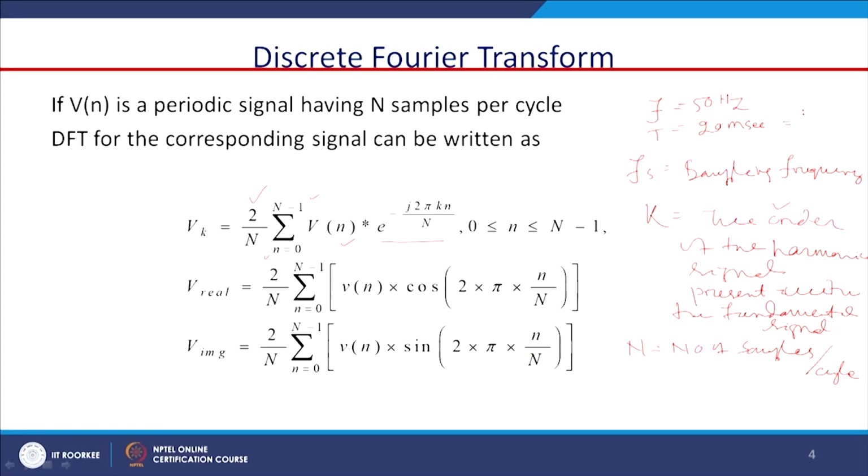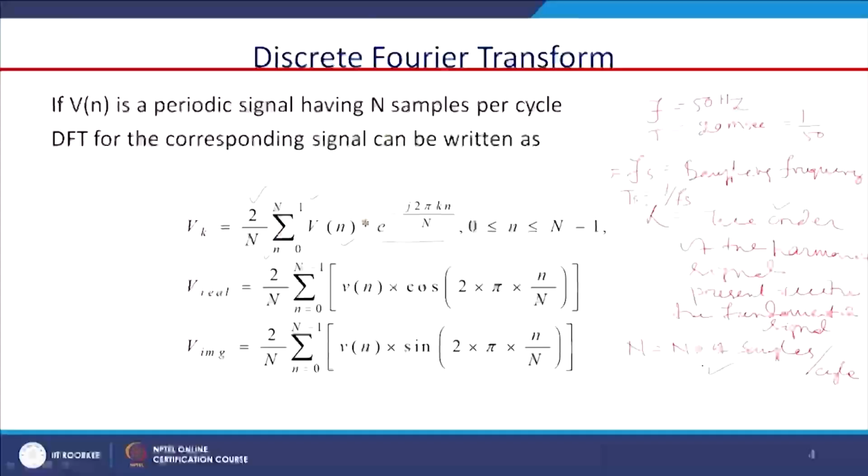It is basically 1 upon 50. So, these are the symbols we have to consider, and also here sometimes we write Ts, the sampling time period, that is 1 upon Fs. So, these are the symbols we use for our discrete Fourier transform analysis. Now, this capital N is the number of samples per cycle, and this v_n, sometimes also written small v_n, is our sample values of the signal.